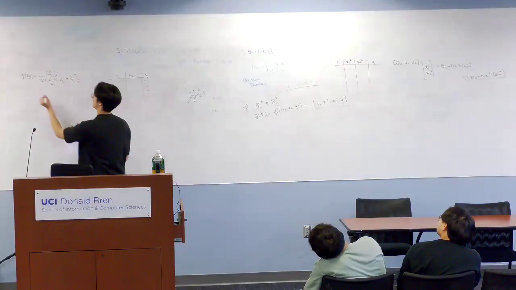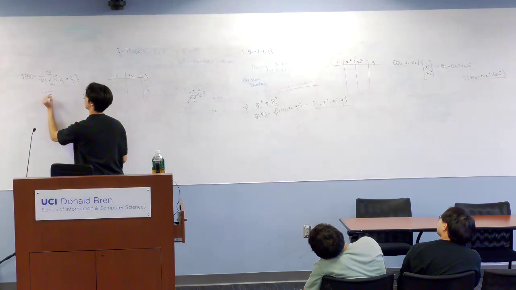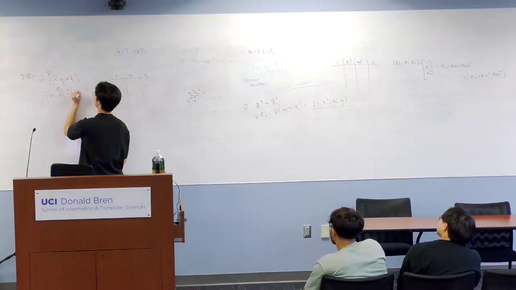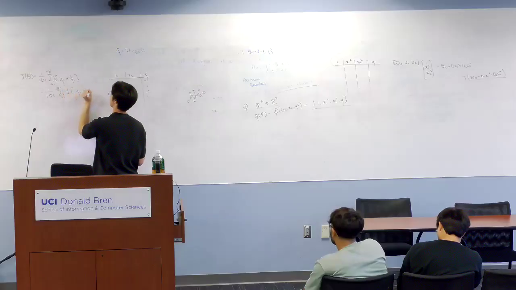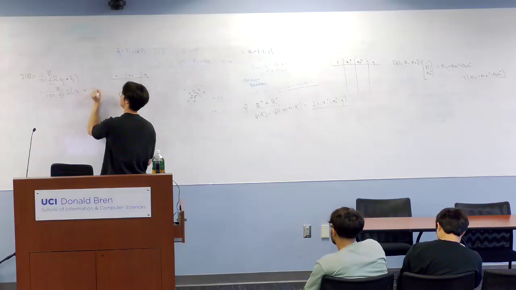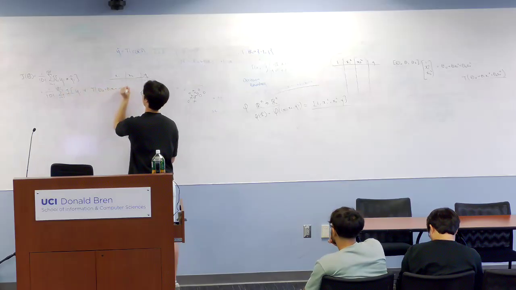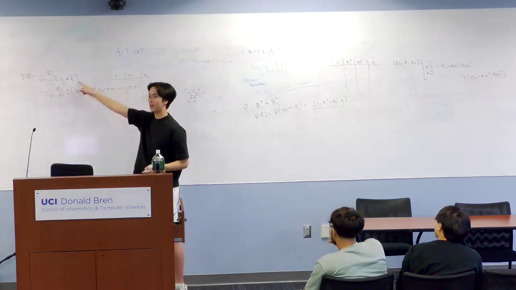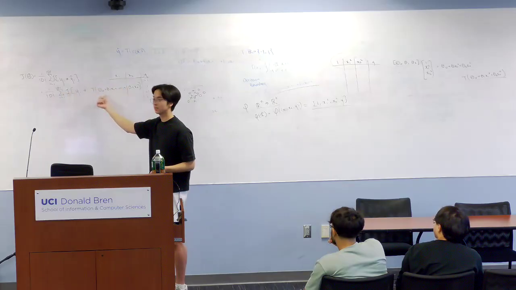Would it be a number between 0 and 1? No, because there is no... Wait. Y hat, our prediction, versus the label, is the same thing as this, right?